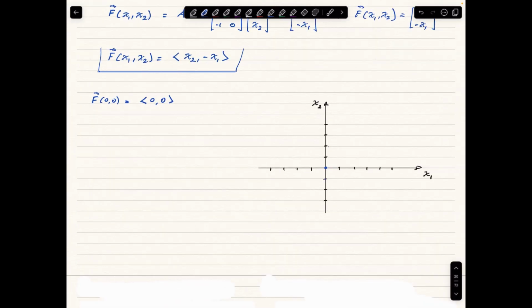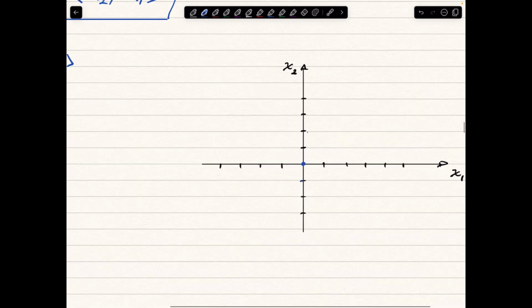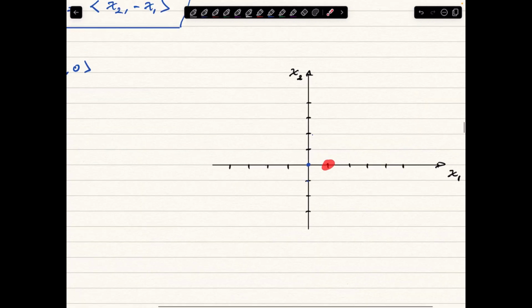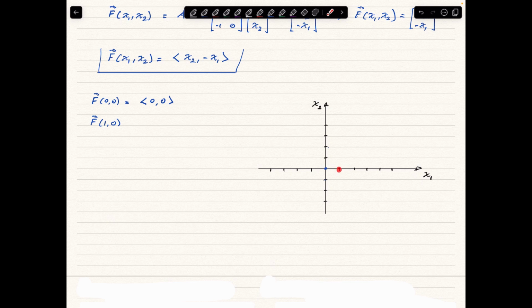Okay. What else? Well, let's go to the point 1, 0. So we are here. So at this point, where is the vector? Well, what we need to do is this component goes here as a negative 1, and the component 0, x2, goes in front.